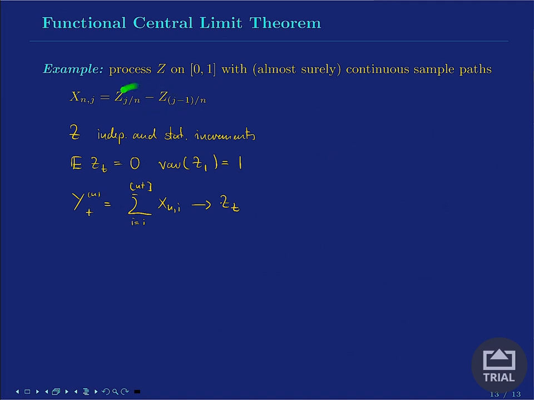If we take all the increments smaller than t and add them, we of course get the value of the process at time t.